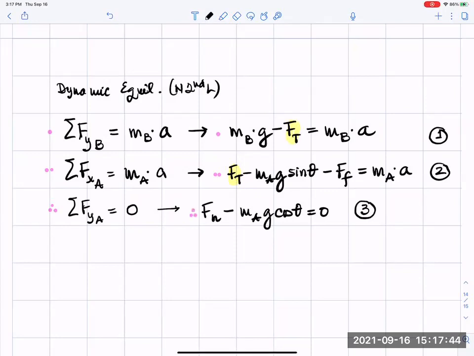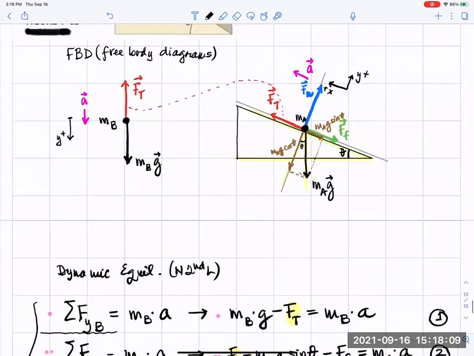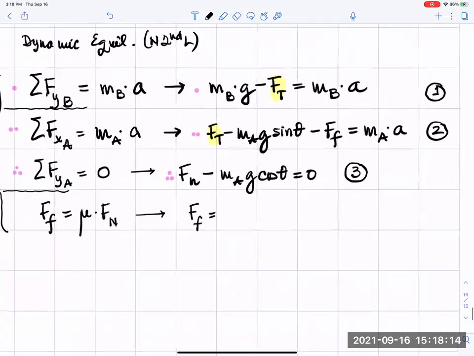And last but not least, remember this word, the dynamic equilibrium, and each mass had its own. And then last but not least, you have to bring in the definition of the friction force. You know that it is defined as mu times normal force. That would be our fourth equation. So in our case, if we're looking at the force of friction, look at how much our normal is equal to MAG cosine of theta from equation number 3, right?